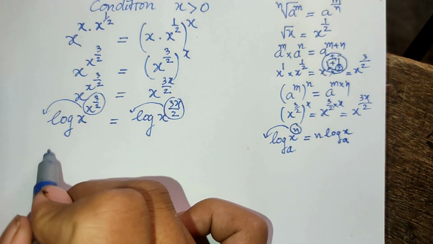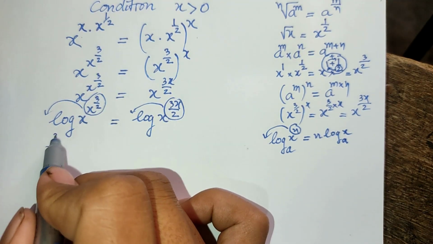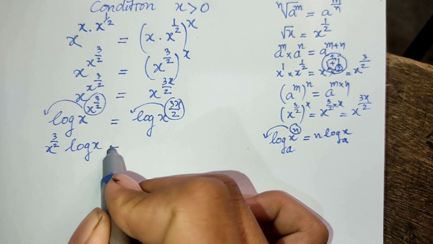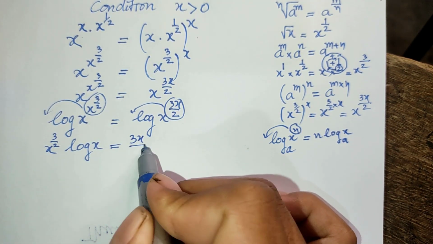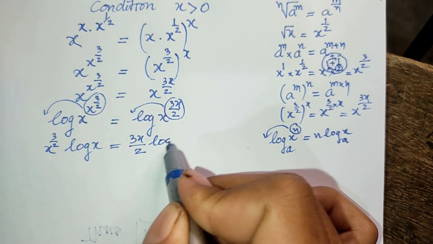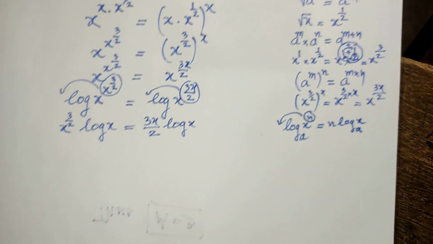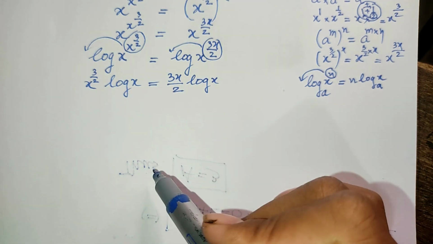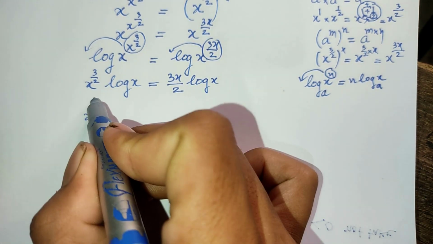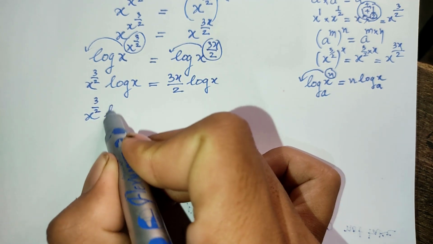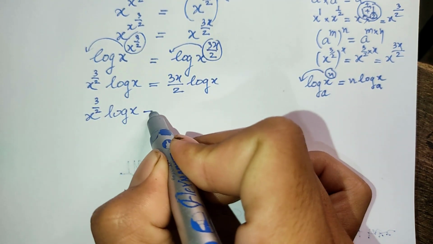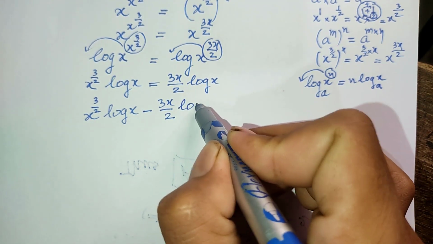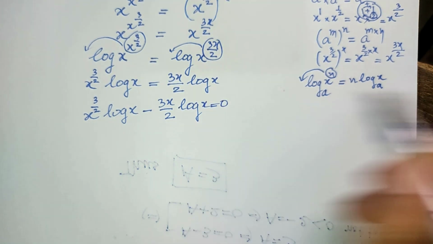And so now we get h power 3 divided by 2 log of h is equal to 3h divided by 2 log of h. And so now I move everything to the left hand side, and I get h power 3 divided by 2 log of h minus 3h divided by 2 multiplied by log of h equals 0.